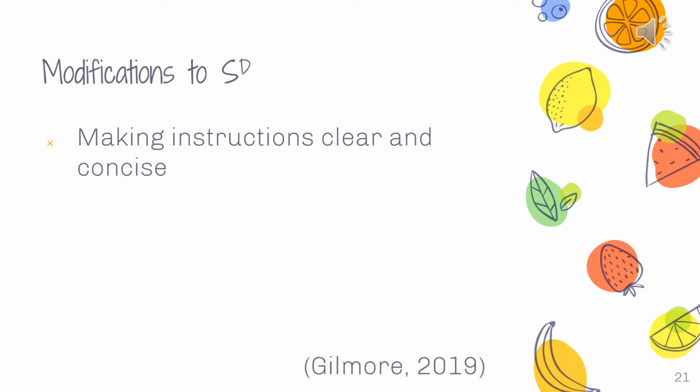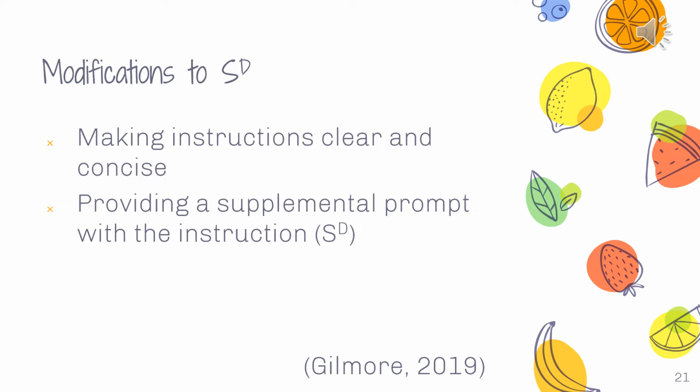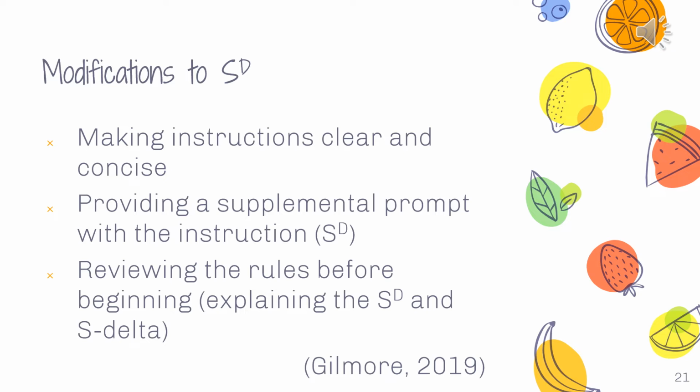Second, you can provide a supplemental prompt with the instruction or SD that is already in place. A supplemental prompt may raise the probability of a correct response, but it should be faded. And last, if you're working with a client who has rule-governed behavior, you can review the rules before beginning. This would basically involve explaining the conditions under which a response will be reinforced or punished, and when a response will not be reinforced or punished. This is just explaining the SD and S delta conditions.